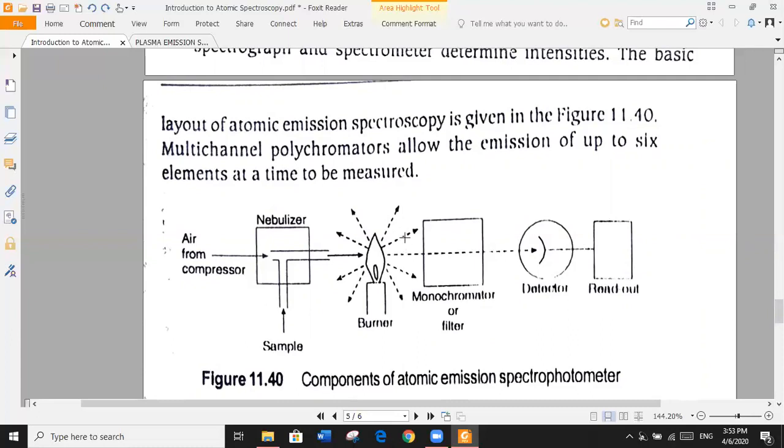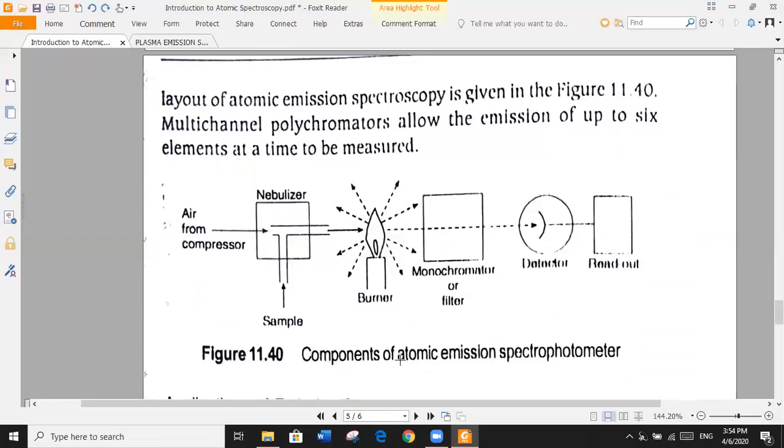This photon is released, which is then analyzed by the monochromator, and then the signal is sent to the detector. The detector here is a photomultiplier tube, and then the enhanced signal is read out. Nowadays it is read out by digital displays. So this is a figure showing components of an atomic emission spectrometer.